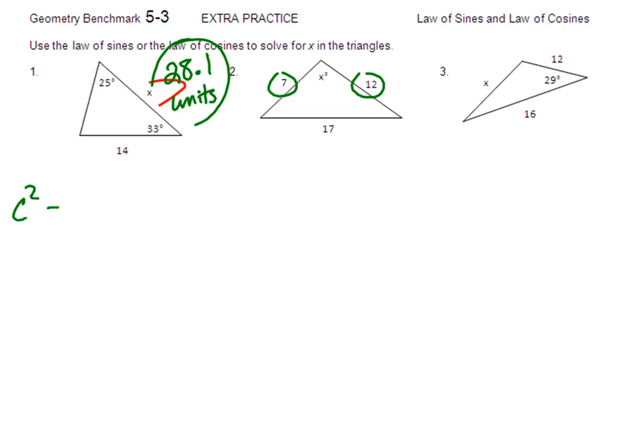So c squared equals a squared plus b squared minus 2 times a times b times the cosine of the angle that's across from that c squared, so cosine of c. Maybe I'll group it like that. So have that written down, and I'll show you how it translates with numbers we have.